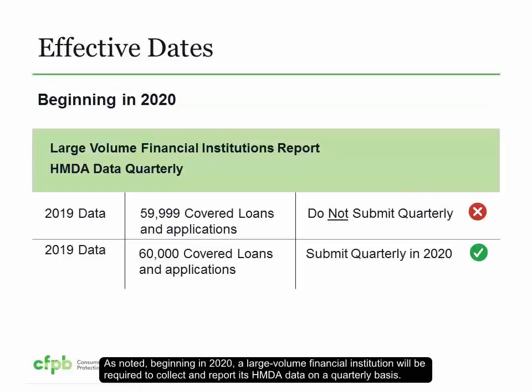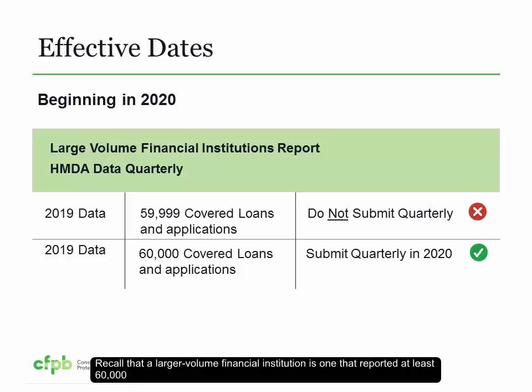As noted, beginning in 2020, a large volume financial institution will be required to collect and report its HMDA data on a quarterly basis. Recall that a large volume financial institution is one that reported at least 60,000 covered loans and applications, excluding purchased covered loans, in the preceding calendar year.